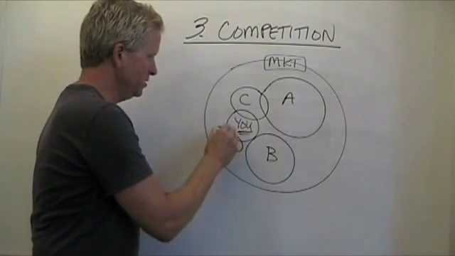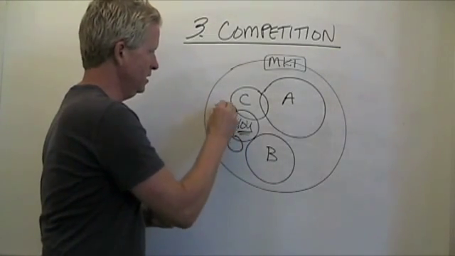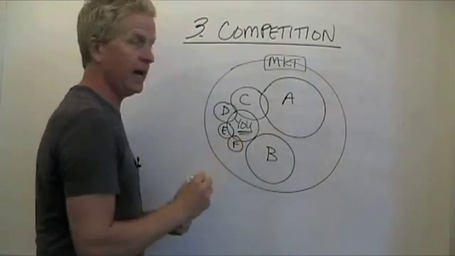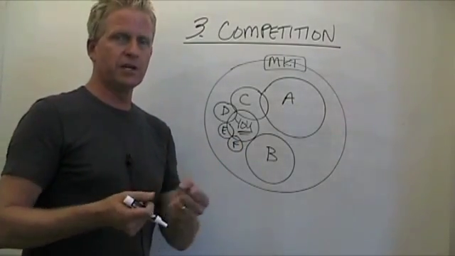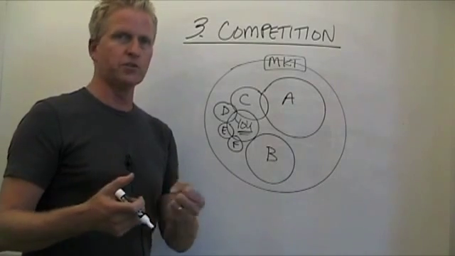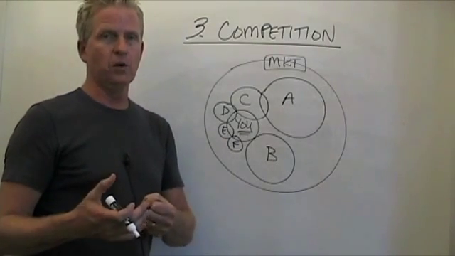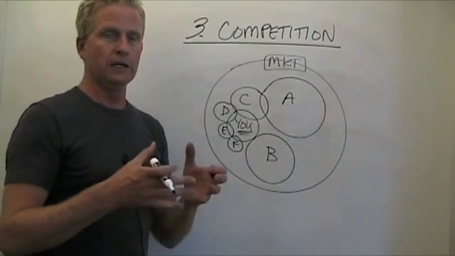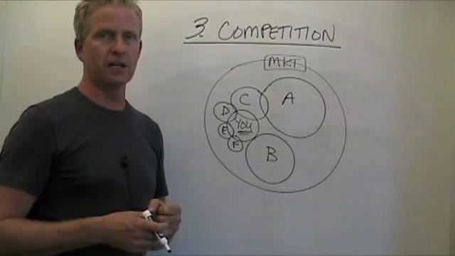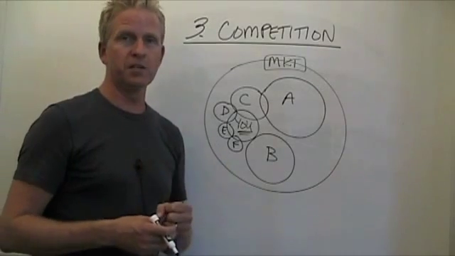And maybe there's several other small companies right in here. We'll say D, E, and F. And these other companies also bring to the market various competitions in terms of price or various features or warranties or how customer service works and so forth, compatibility with the overall existing framework of how the technology in that particular market space works.